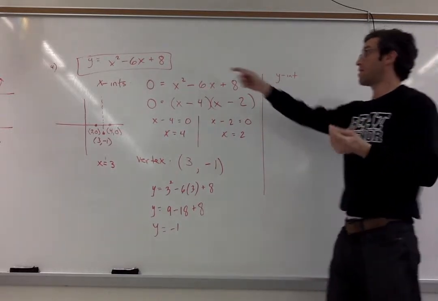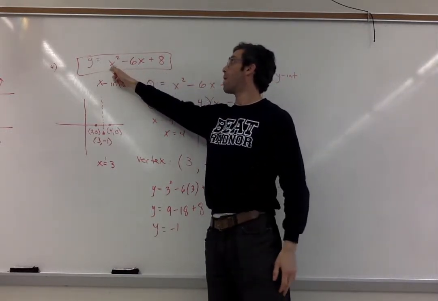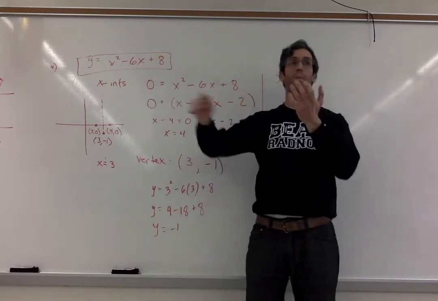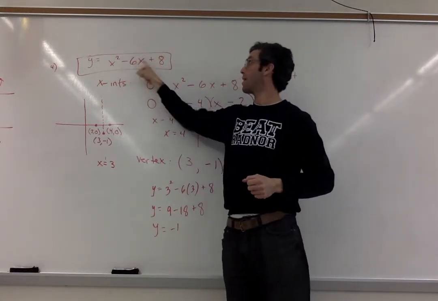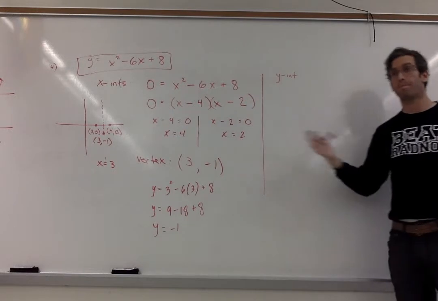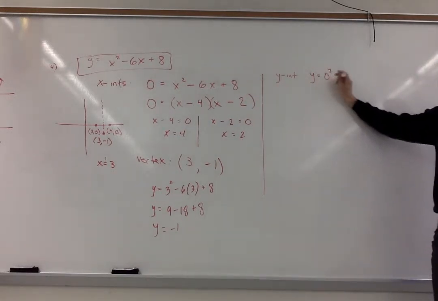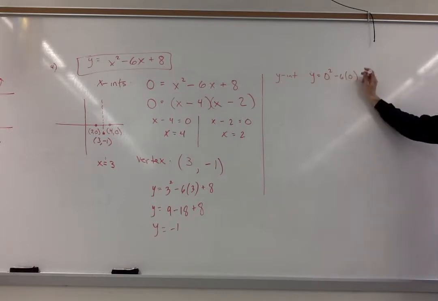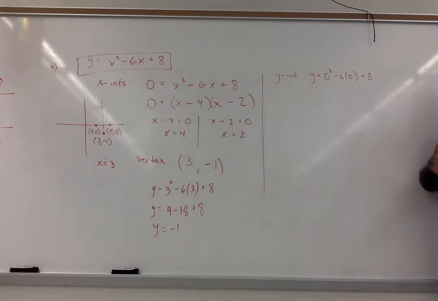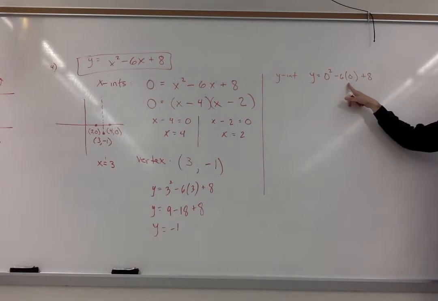If x is 0, that's always going to wipe out those two terms, and we're left with the y-intercept, which is 8. You can do that in your head, because any term with an x in it, if x is 0, is going to go away. So we get y equals 8.